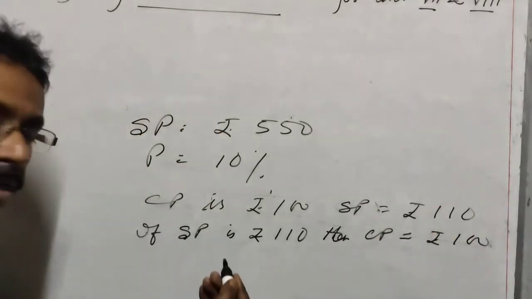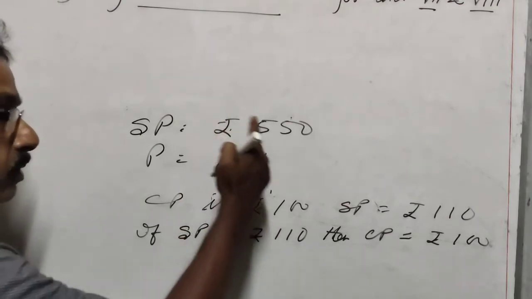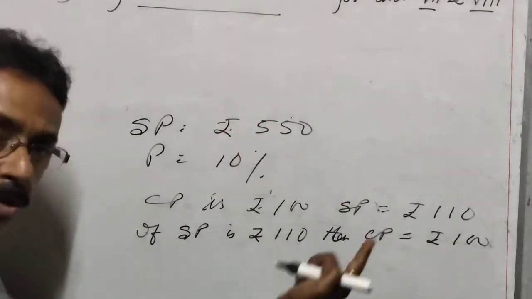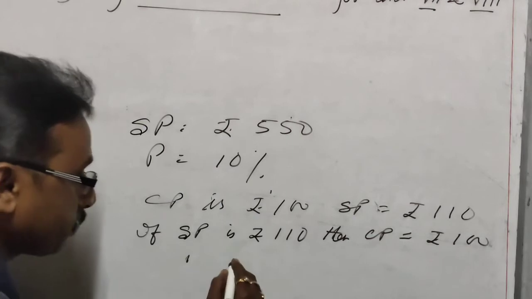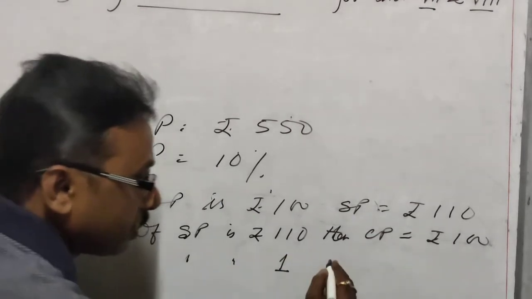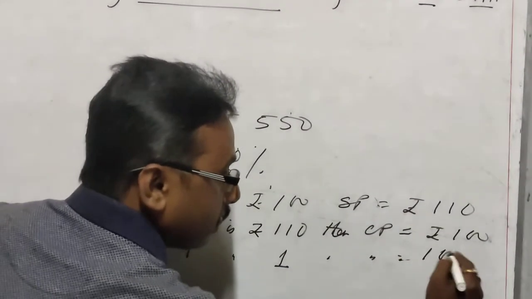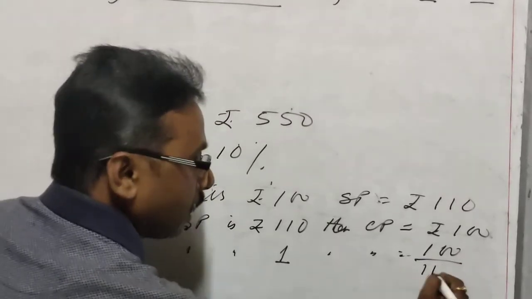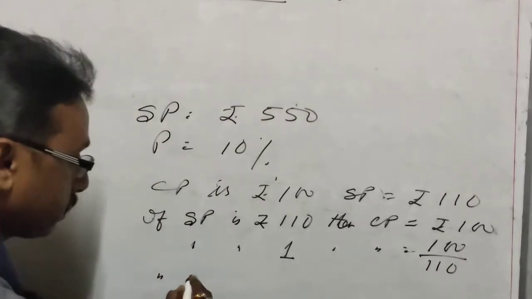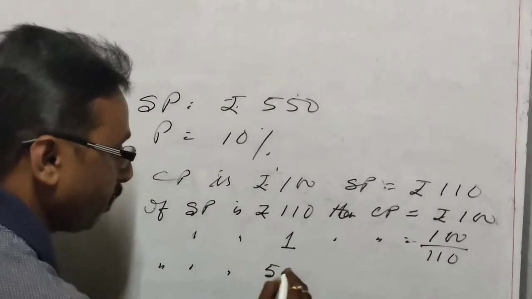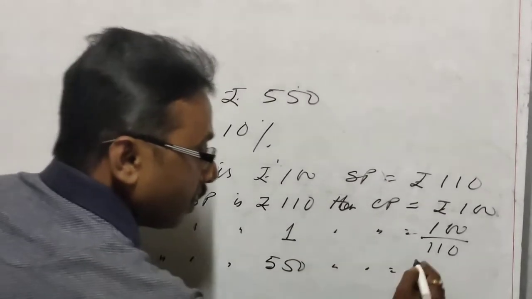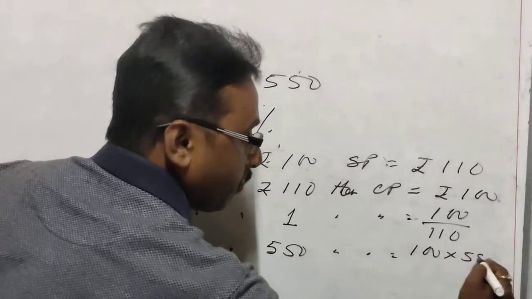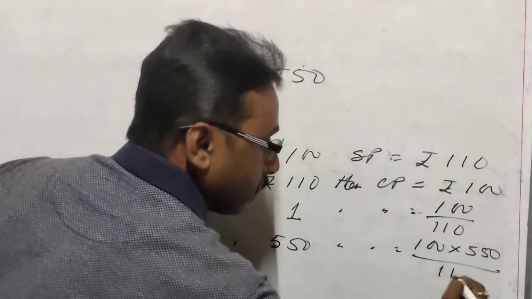Now by the unitary method we can find out, for 550 SP, what will be the CP. If SP is rupee 1, then CP is 100 by 110. If SP is rupees 550, then it is 100 into 550 by 110.